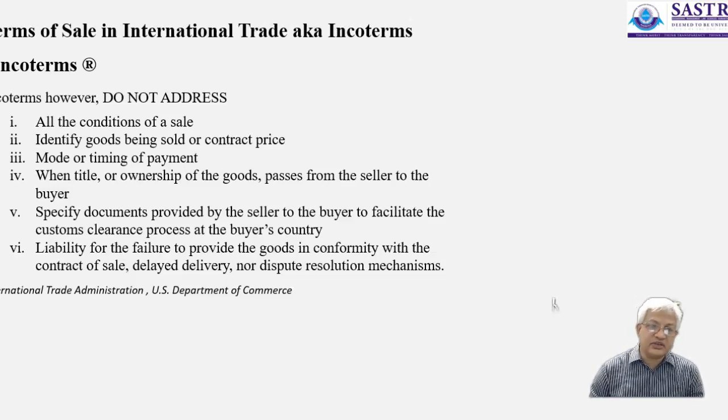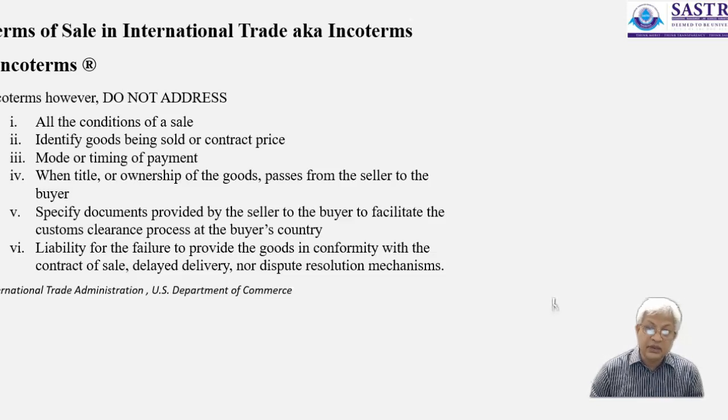here. It does not specify all the documents that we listed and some more, if required by the buyer, that are to be provided by the seller to the buyer to facilitate the process of customs clearance at the buyer's country. It does not also specify liability for the failure to provide the goods in conformity with the contract of sales.